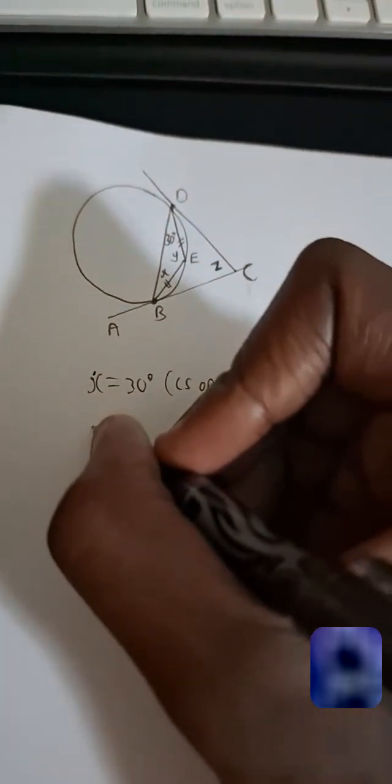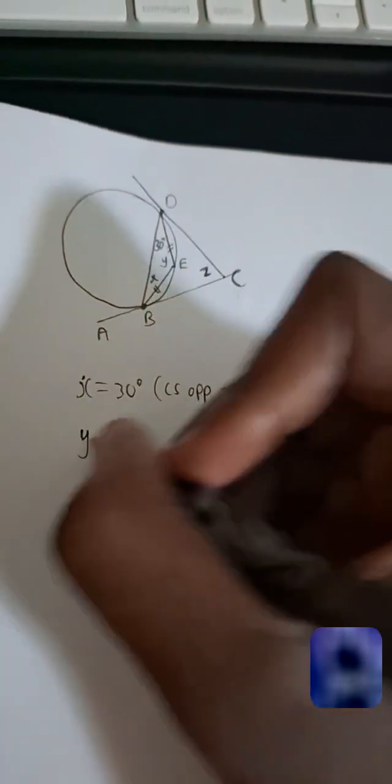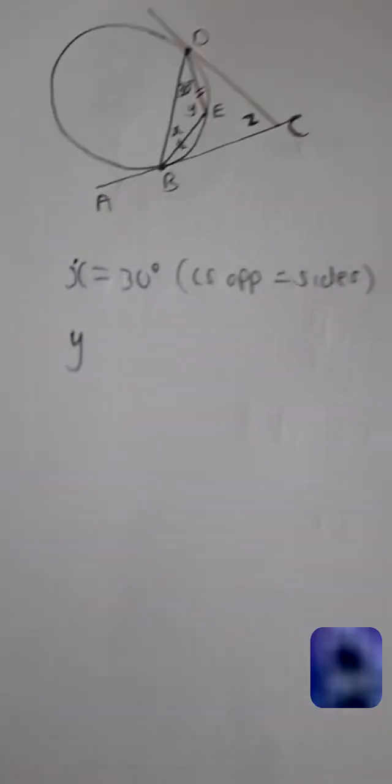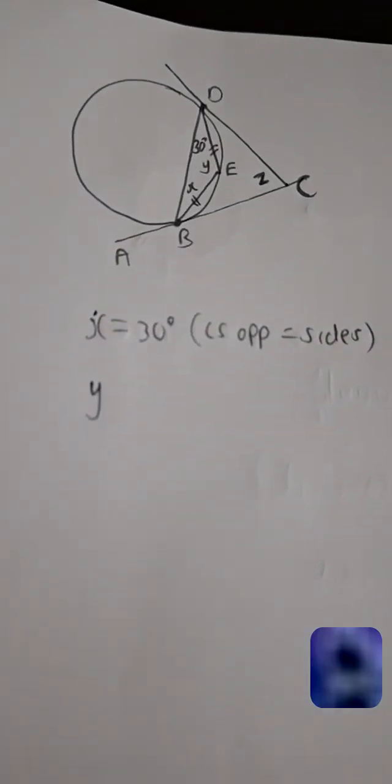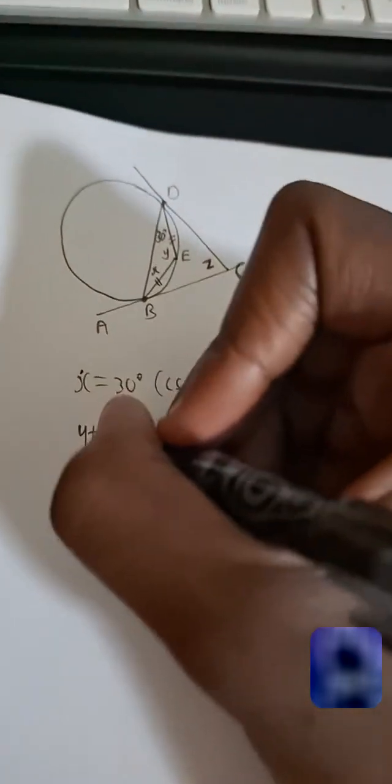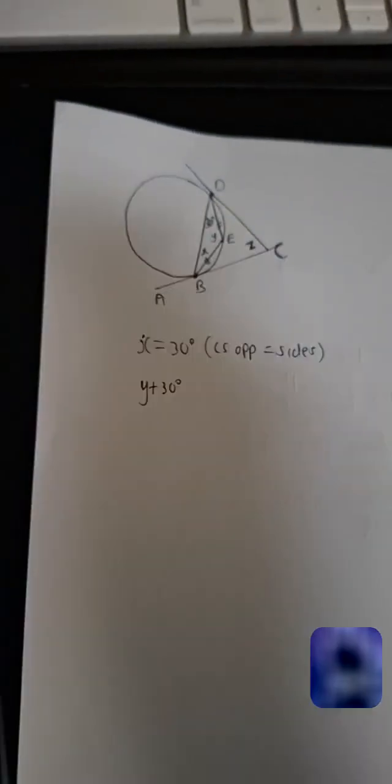Then angle Y, you're going to find it with the sum of angles in a triangle. Can you tell me what my Y value is, or do you need me to add them there? I don't have a calculator with me, but it's 120. Okay, so 30 plus 30 is 60, plus what gives us 180? It is 120 indeed.